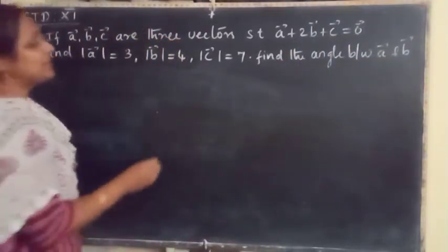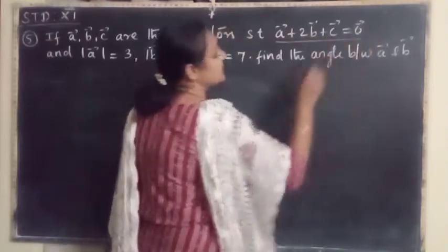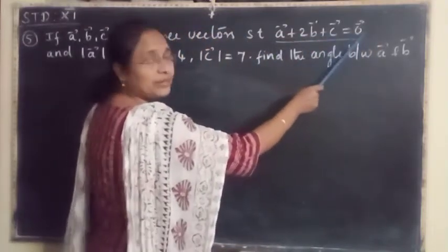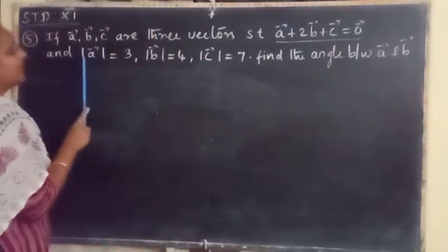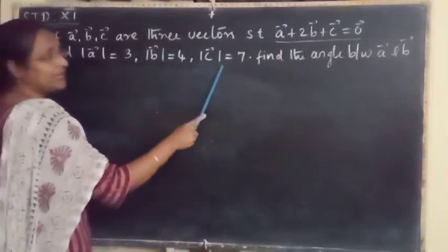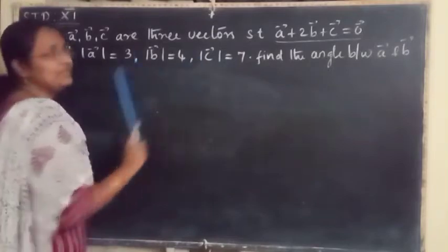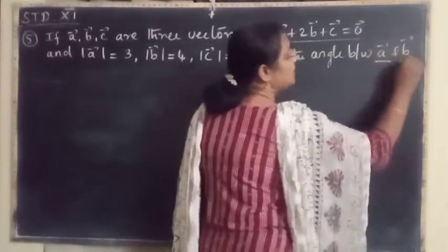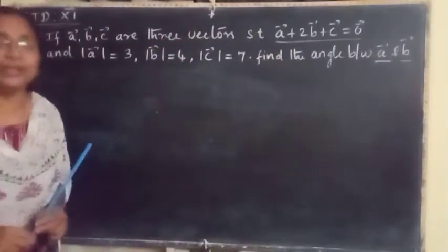The clue given is A vector plus 2B plus C vector equal to 0. The modulus magnitude values are also given. With the help of this information, I am going to find the angle between A vector and B vector.